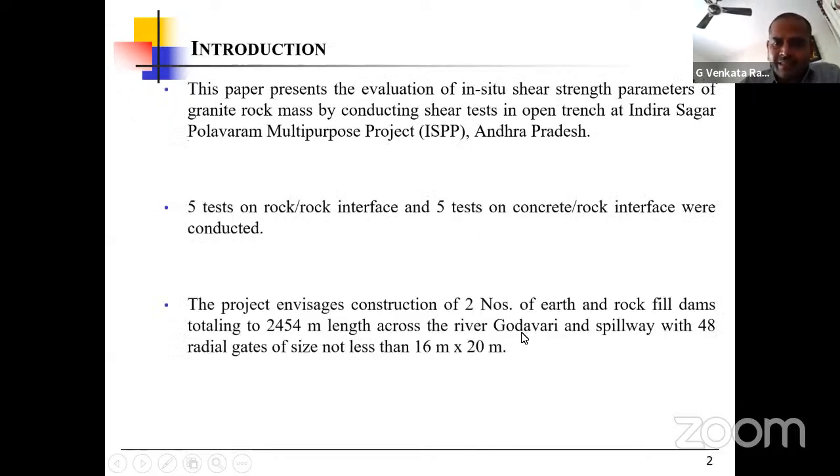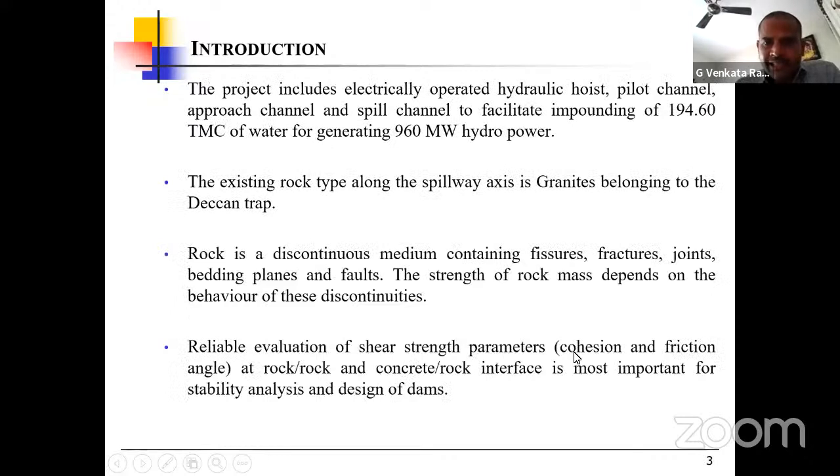From that particular project, the hydropower generation is 960 megawatts. Moreover, it is a multi-purpose project. More than 194 TMC of water is available for drinking as well as agriculture. It is such a big project, so there is a need to reserve the water.